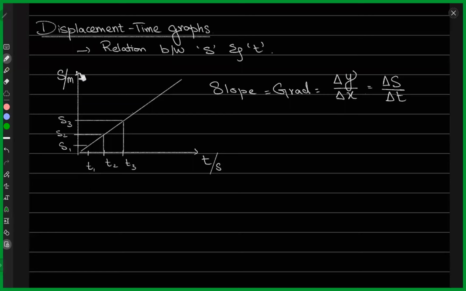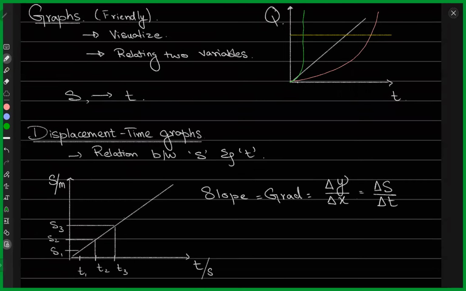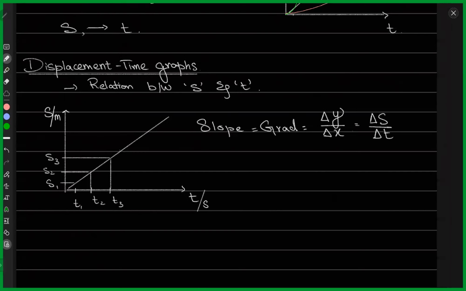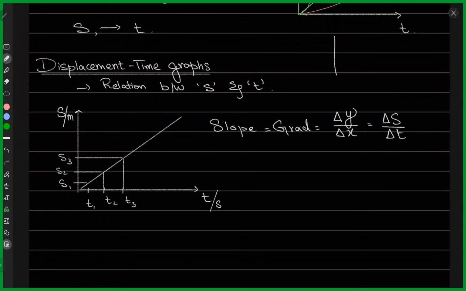Now, this was an example. Here we have two axes, right? In mathematics, you can define any graph by two axes. Let me just draw that over here. The two axes are drawn in such a way that if one axis is drawn in a particular direction, then the other axis is always perpendicular to it.